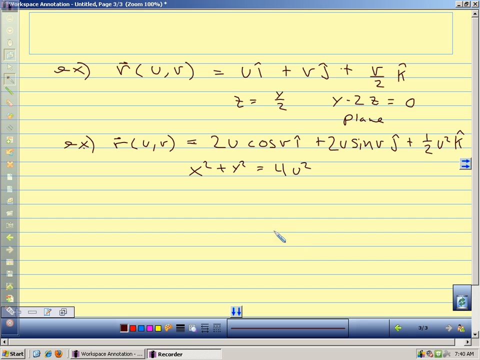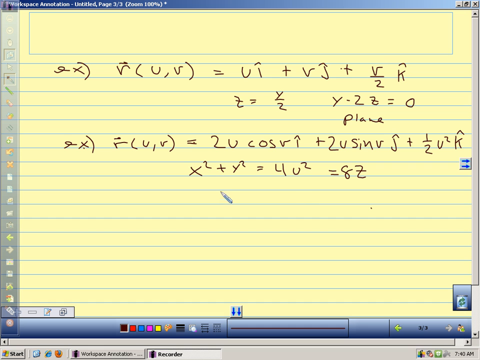And that's z divided by 8. So we get, is it z divided by 8? Z times 8. There we go. So x squared plus y squared equals 8z.